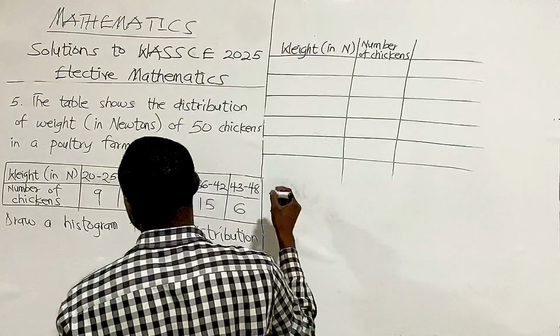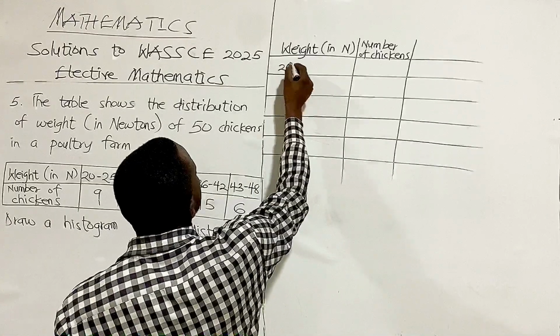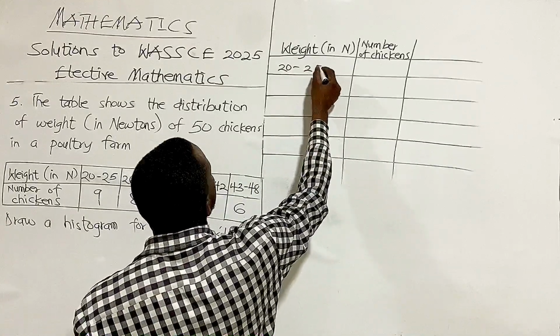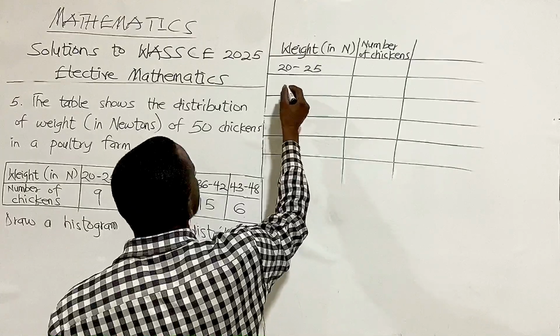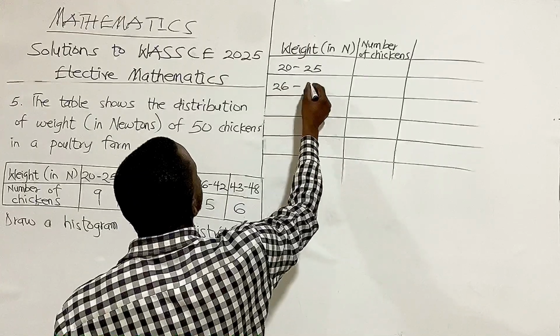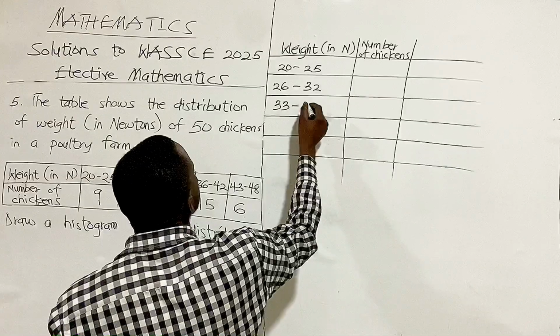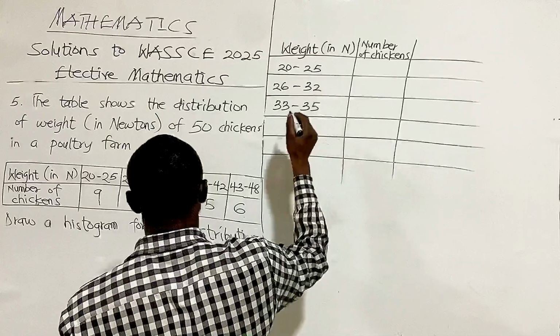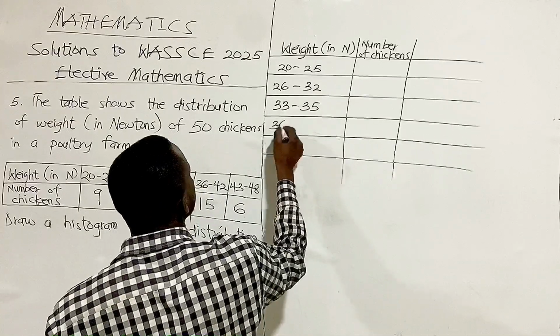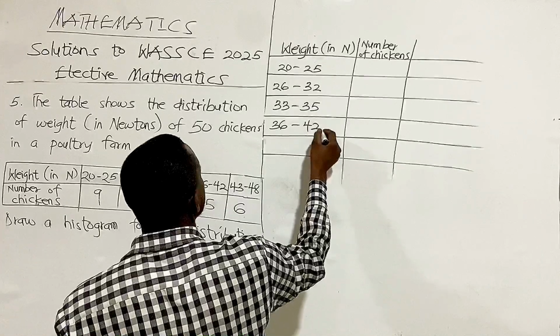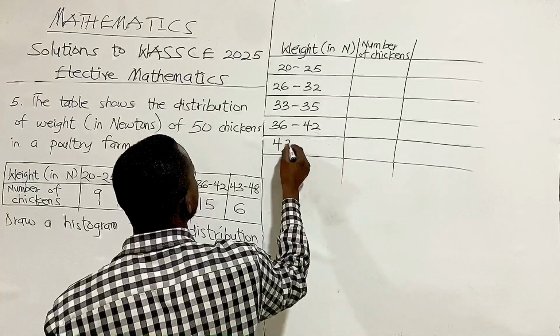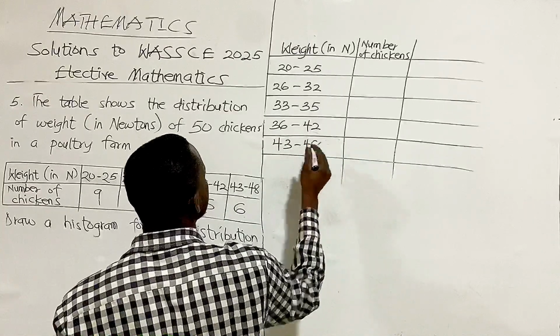All right, so we have 20 to 25, 26 to 32, 33 to 35, 36 to 42, and 43 to 48.